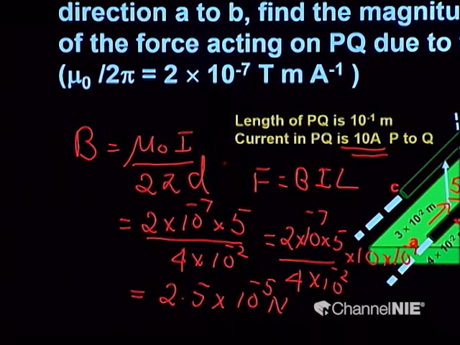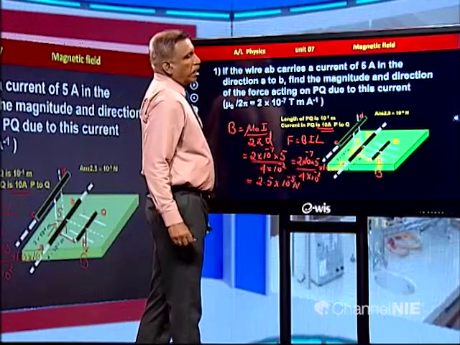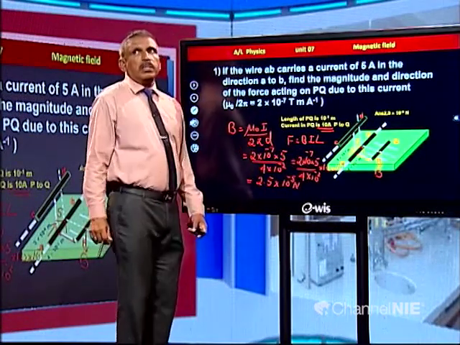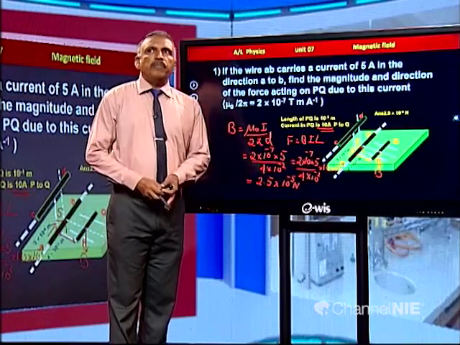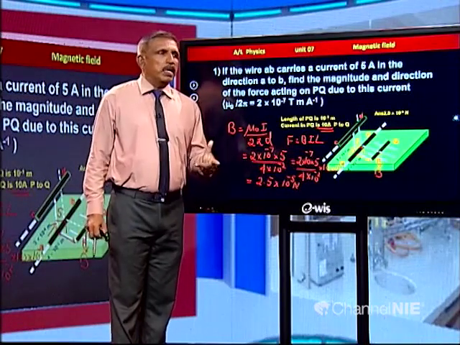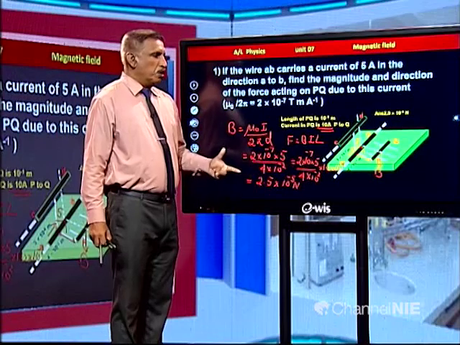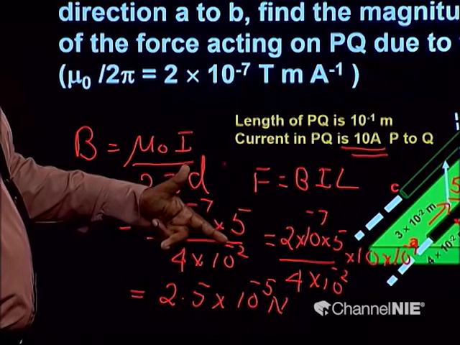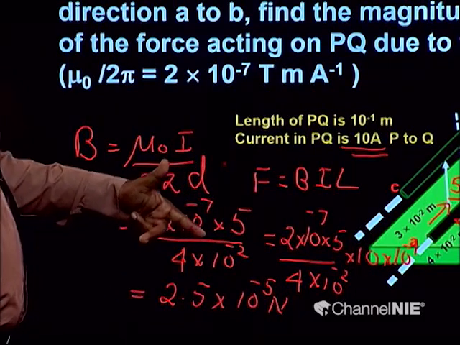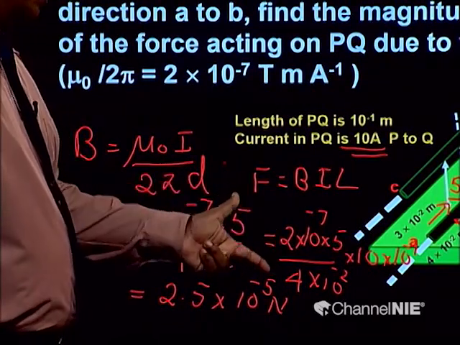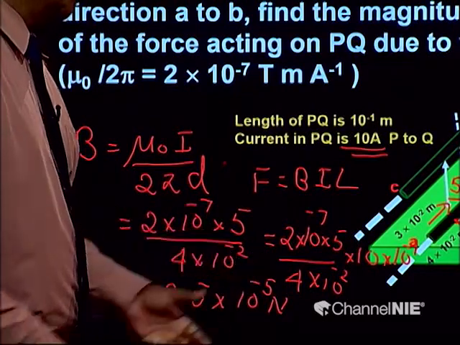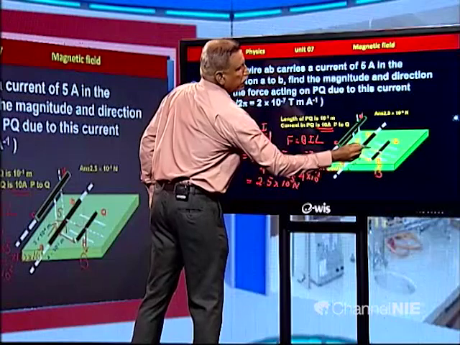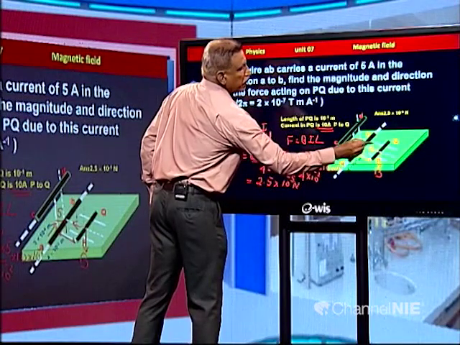So, to find the direction of the force on PQ, you use Fleming's left-hand rule. The first finger is in the direction of the magnetic field and the current passes through the conductor P to Q. Therefore, the force is acting towards AB.